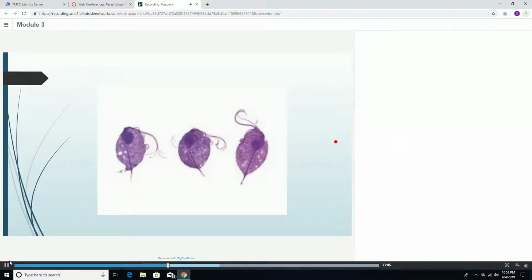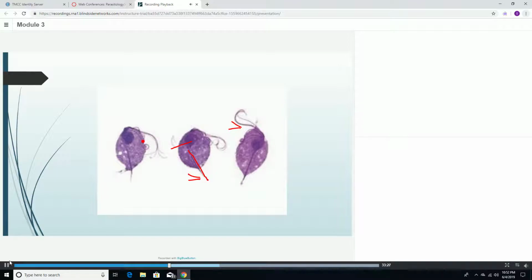So here's a picture of the Trichomonas species. You're going to note that we have a central nucleus here. We have this axostyle, a posterior axostyle. We're going to have the 4 anterior flagella.